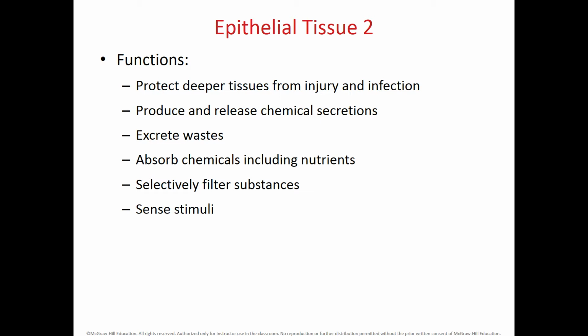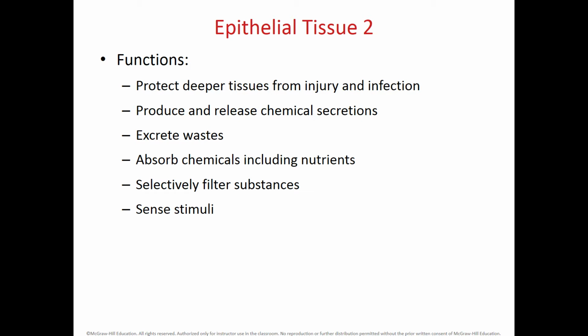Also, another function of the epithelial tissue will be excretion, in which the epithelial tissue gets rid of wastes that are produced by our cells, like in the case of CO2 or bile from the epithelium of the liver. Another function of epithelial tissue is to absorb.